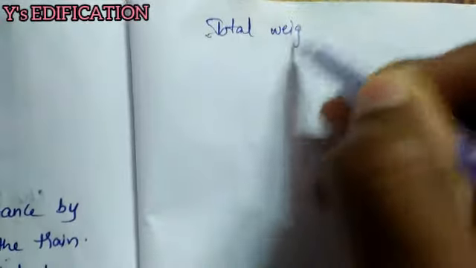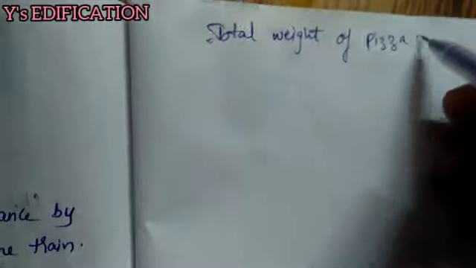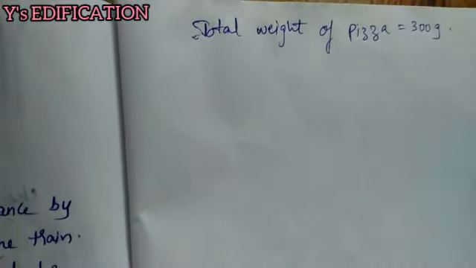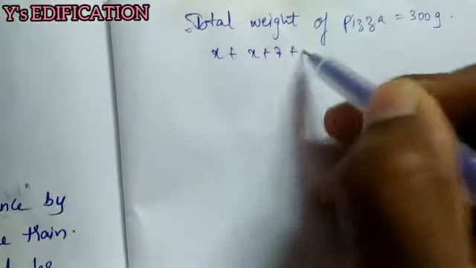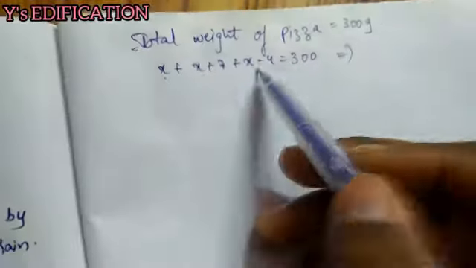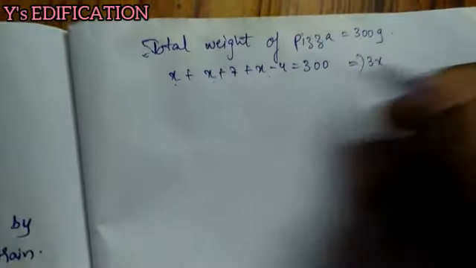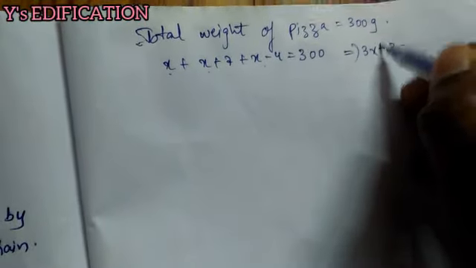When we add all the numbers x plus x plus 7 plus x minus 4, we have to get 300. Add all this x: 3x, 7 minus 4 is 3, is equal to 300.